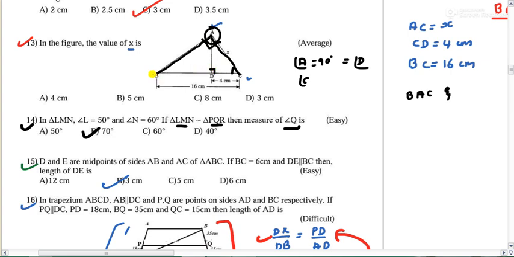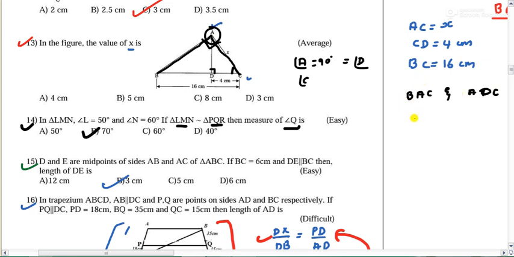And second, if I take the triangle ACD, BAC and ADC, not ACD, can they be congruent? Can they be similar? Yes.